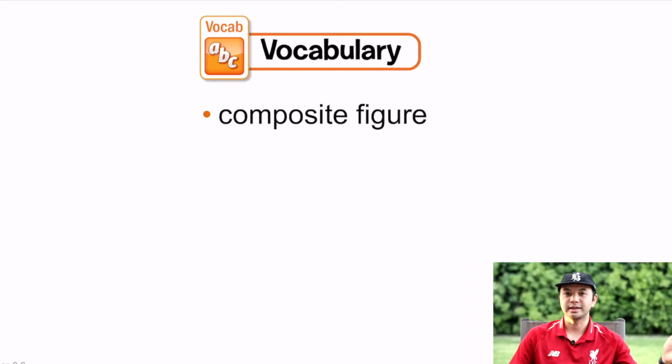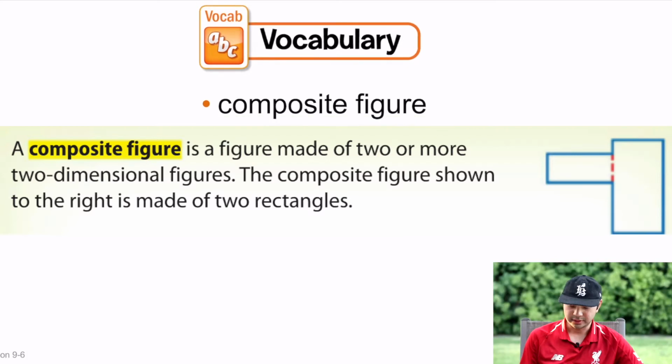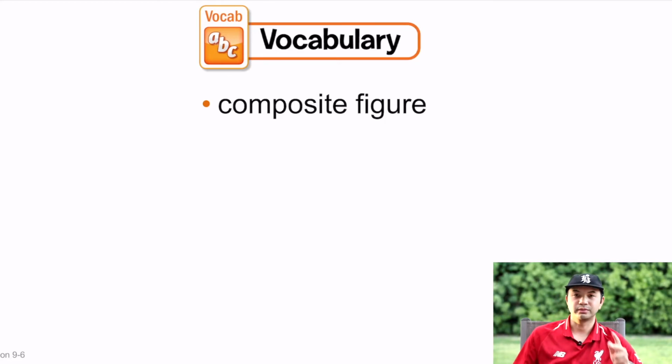A composite figure is a figure made up of more than one shape. I'll put the actual definition somewhere over here. Let's just review some of the things we've done previously. You recall that the area of a parallelogram is base times height.